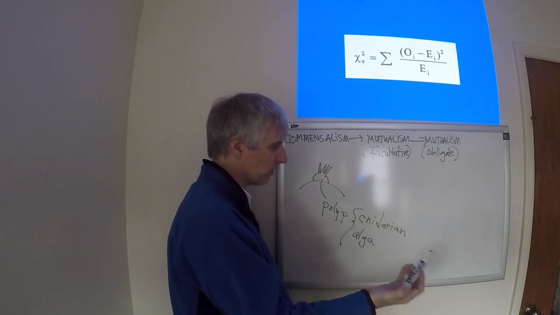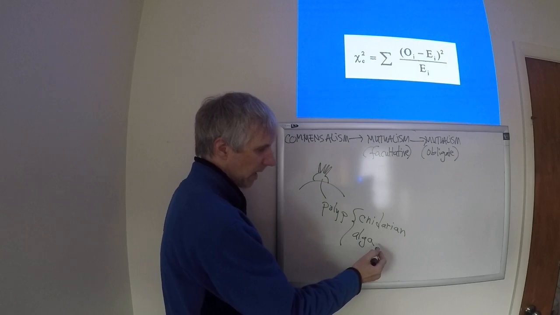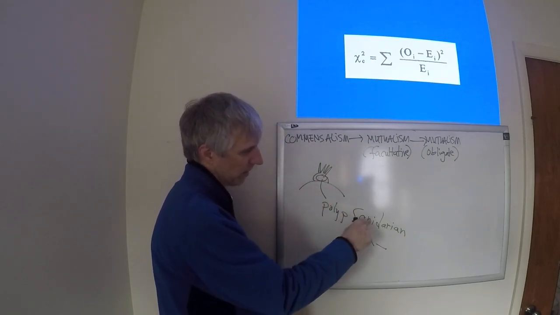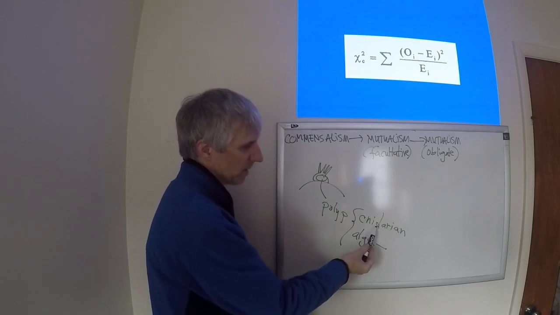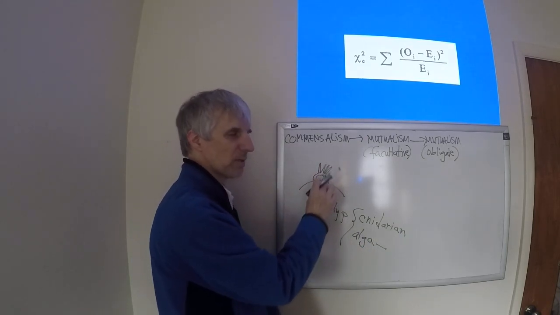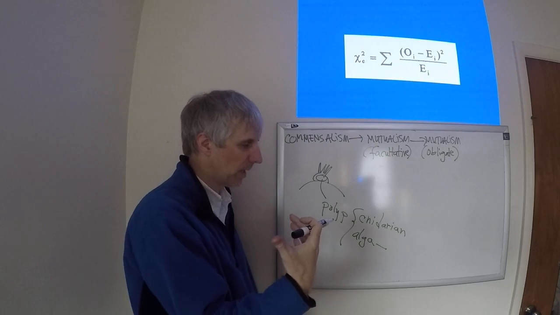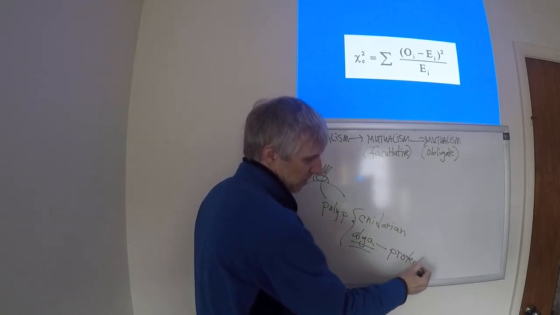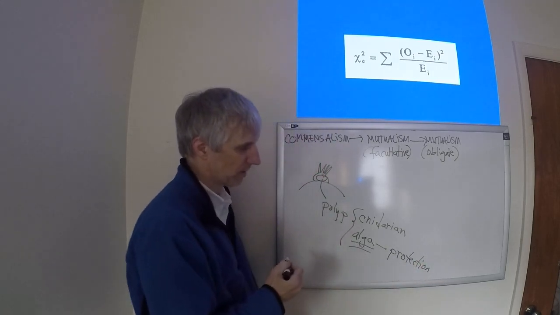It's a typical mutualism in that the alga gains a benefit by being associated with the cnidarian, because the cnidarian can build this little calcium carbonate shell that protects the alga. So the alga gains from this relationship in the form of protection.